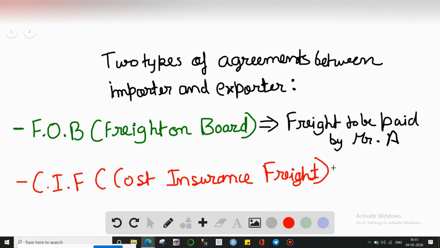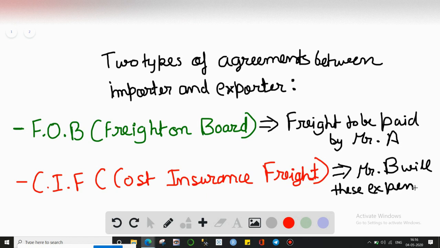But in second case, what happens? The seller, or we can say as per our example, Mr. B will pay these expenses.